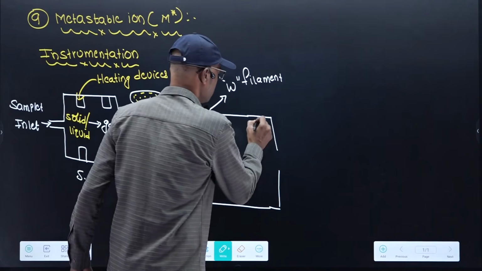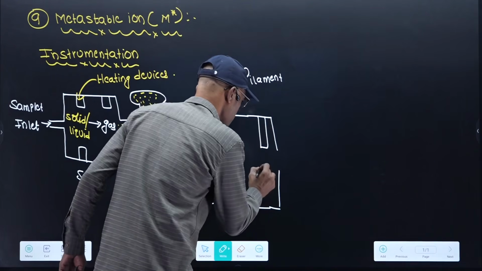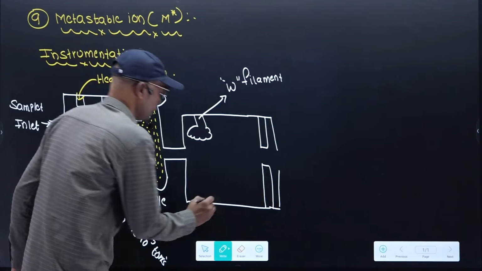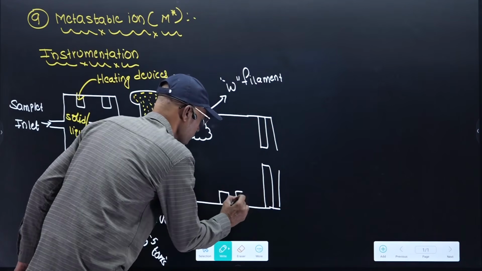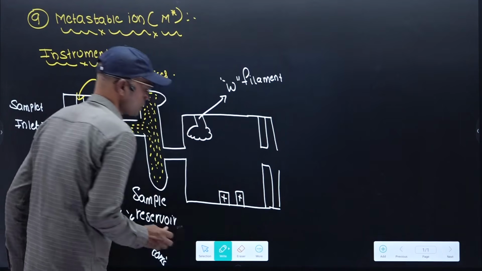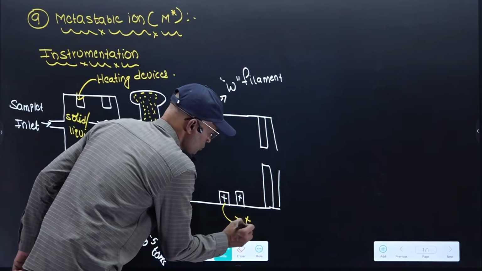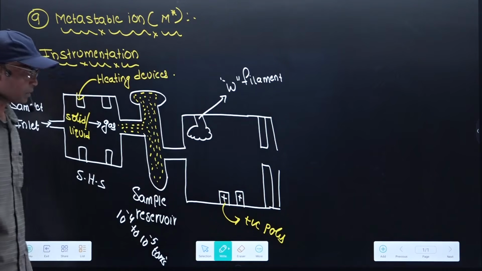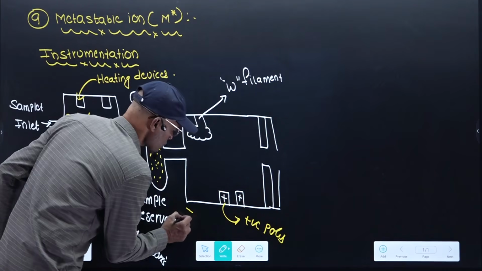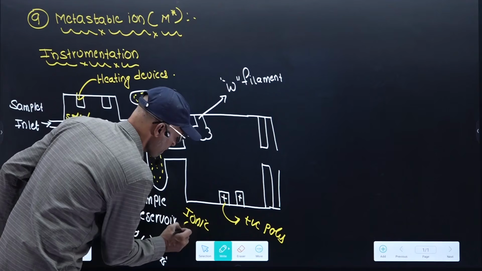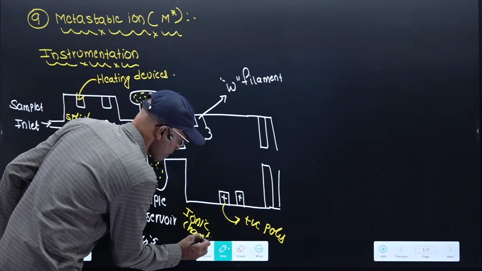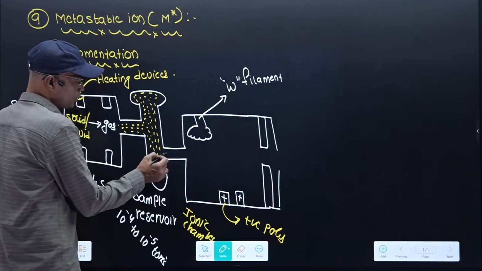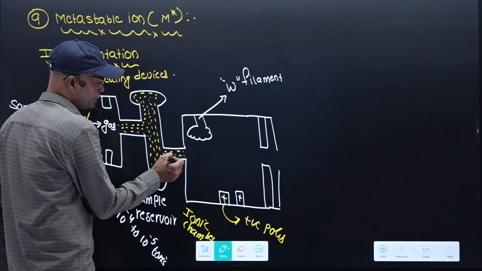And here two electrodes are present, high potential electrodes, and here positive charge poles will be there inside. This is positive charge, here also positive charge. So these are positive poles present inside of the ionic chamber. This total is called the ionic chamber. Now the sample enters over here. This is the sample entry point to the ionic chamber.